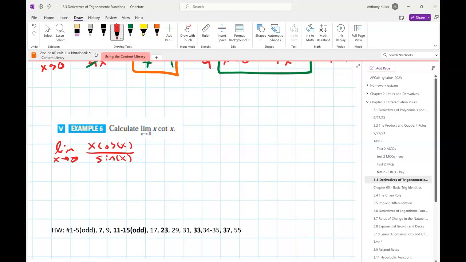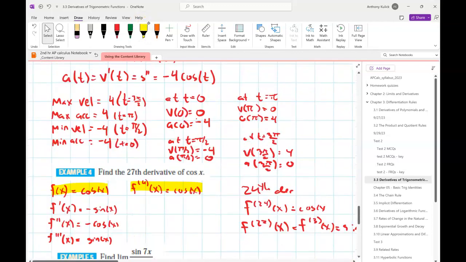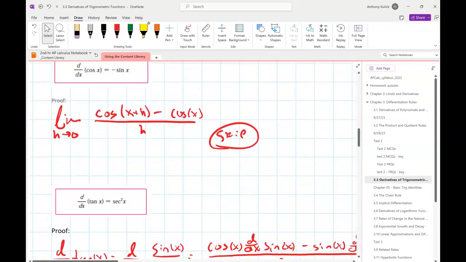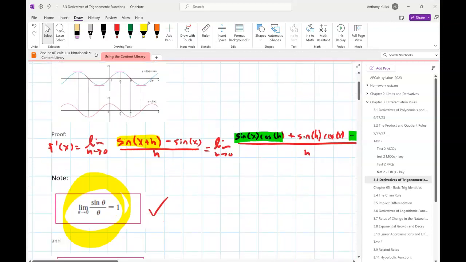So we can do that. But the identity that I'm going to be looking to use is, nope, what we just did.